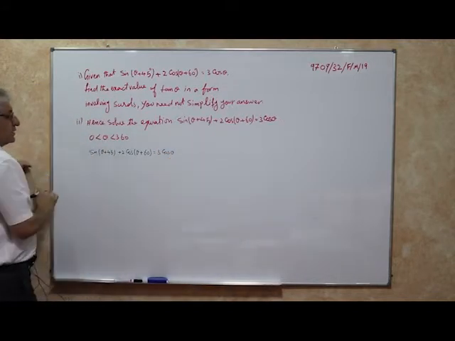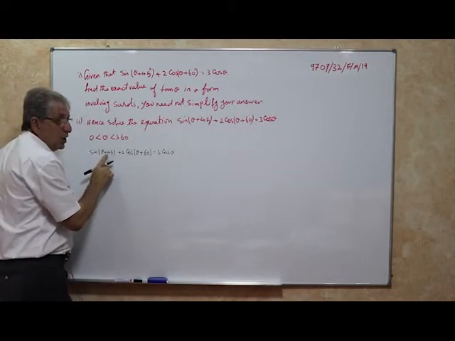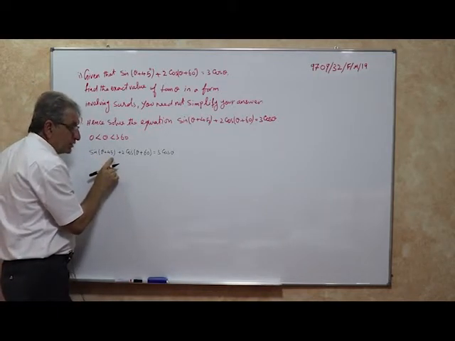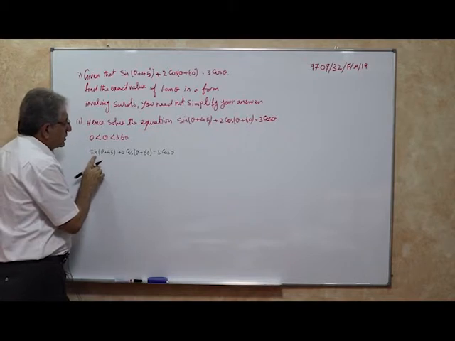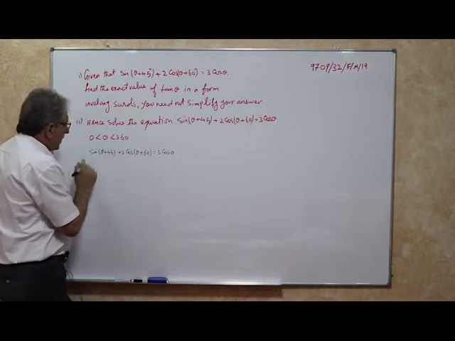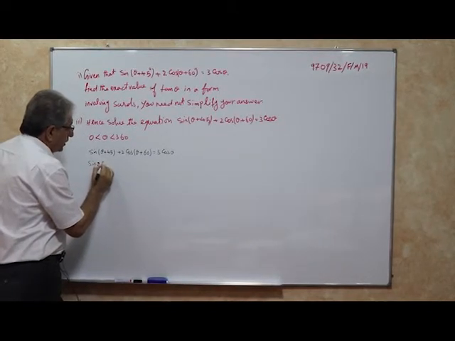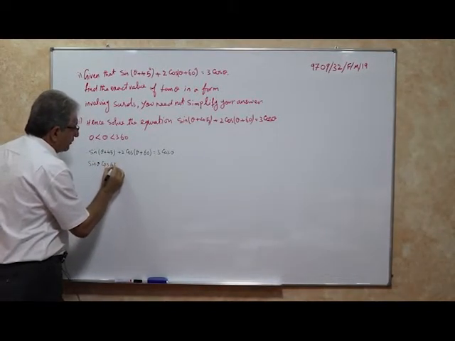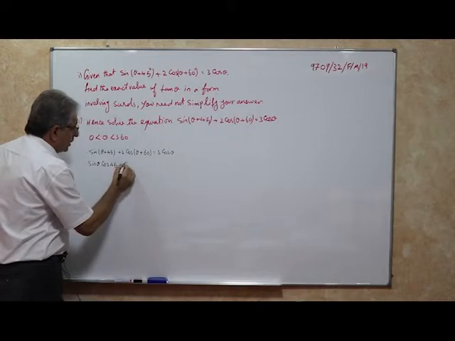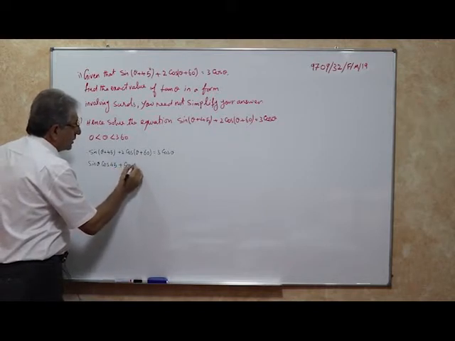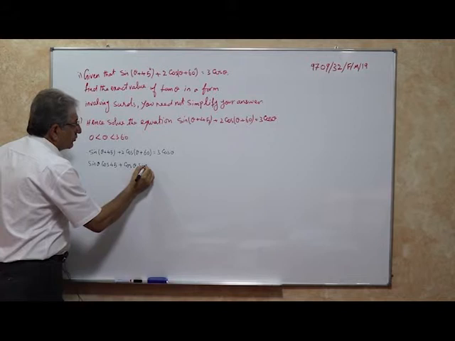We can expand this. We know that sine of A plus B is sine A cos B plus cos A sine B. Therefore this will be sine theta cos 45 plus cos theta sine 45.